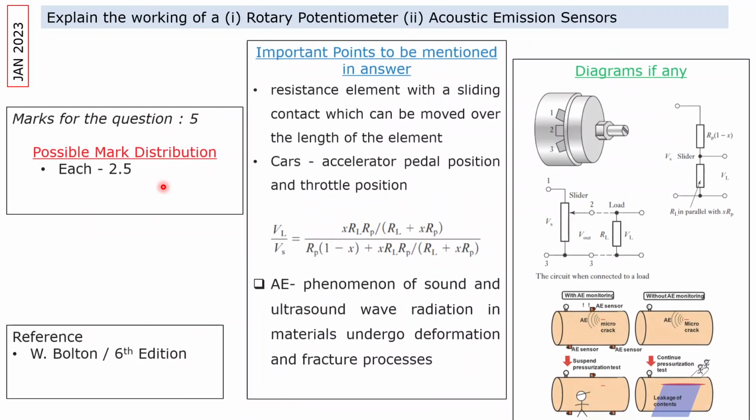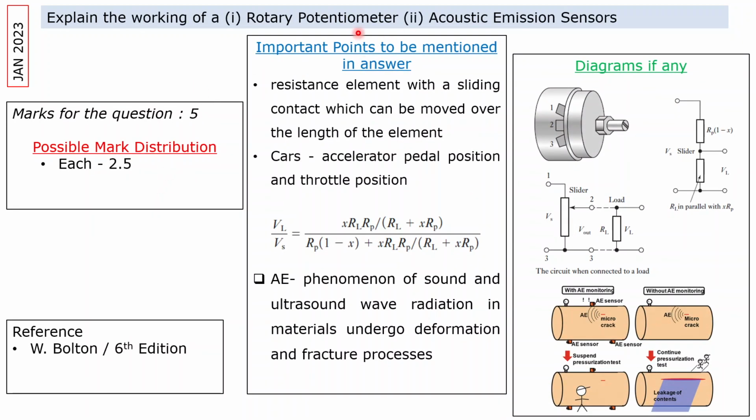Now the next one is, explain the working of rotary potentiometer and acoustic emission sensor. Each carries 2.5 marks. Acoustic emission sensor I have already mentioned. In rotary potentiometer, it is a resistance element with a sliding contact which can move over the length of the element. If you move from this position to here, with respect to movement the voltage output will be more.